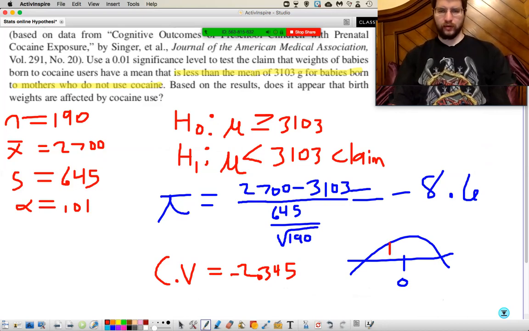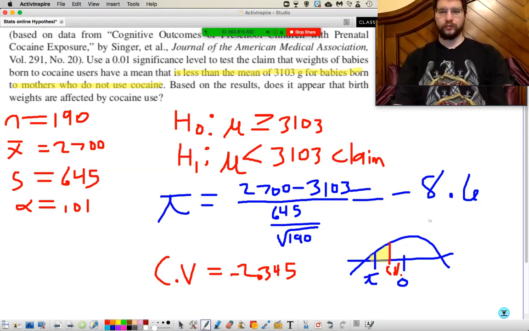I'm going to write critical value there, in a really small spot, and then in blue, the test statistic, T. The test statistic is in the rejection region. We reject the null.